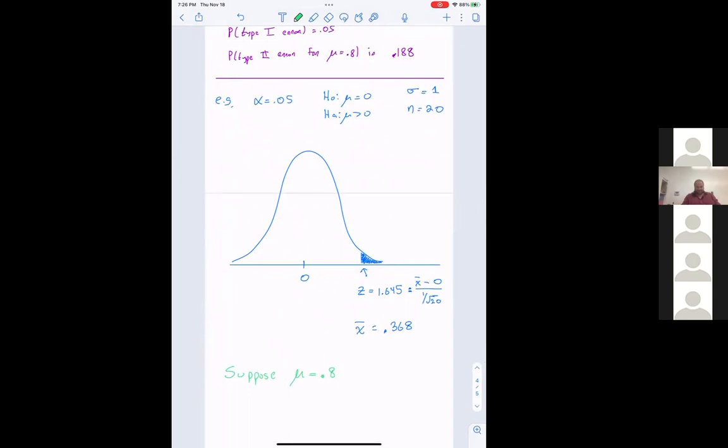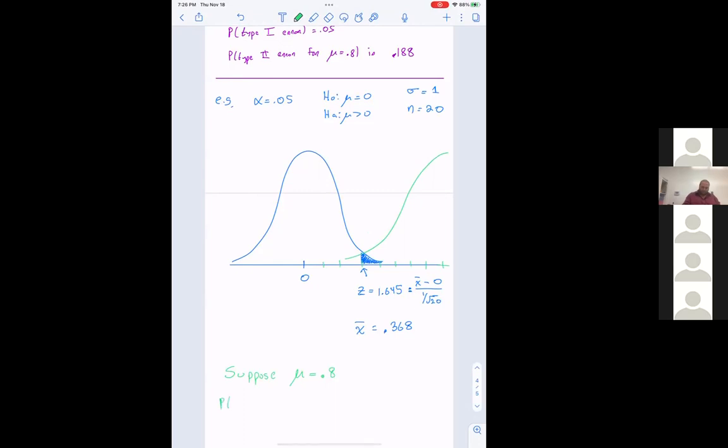Well, yeah, this is 0.1, 0.2, 0.3, 0.4, 0.5, 0.6, 0.7, 0.8. It should be there, far enough off to the side. I'm going to make it a little more exaggerated. Something like that. Okay, like that. If it's really 0.8, it should be centered over there.